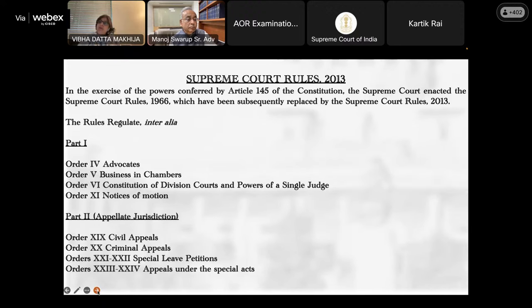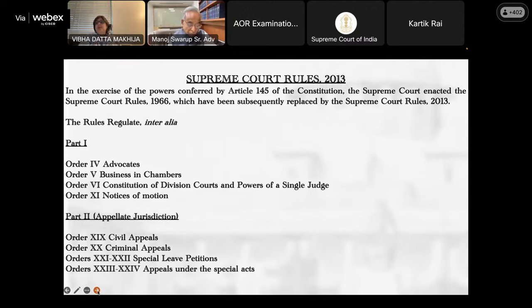They are very important for an advocate on record because if you are not conversant with them, then your matter will never get approved. You will have to go on correcting the defects. Kindly ensure that you go through the Supreme Court rules with a fine-tooth comb and memorize all the provisions which you feel are more relevant. Because there will be questions from the Supreme Court rules, don't treat them lightly. They're a very important part of this paper.